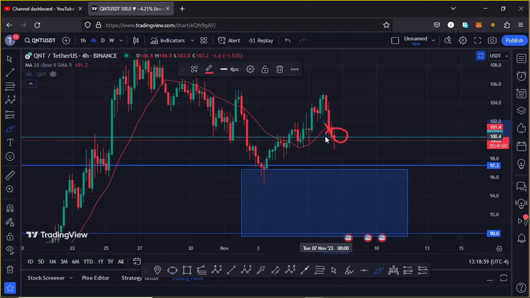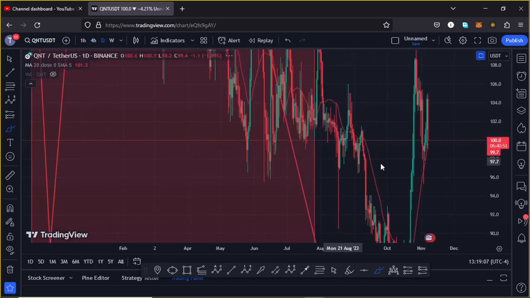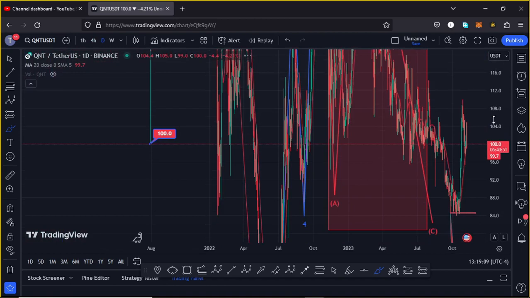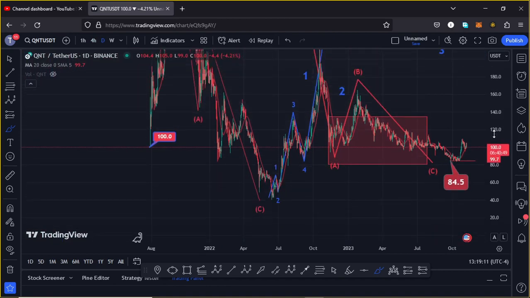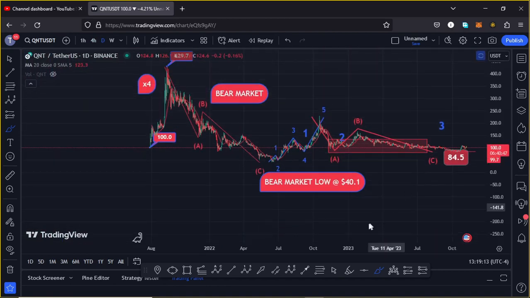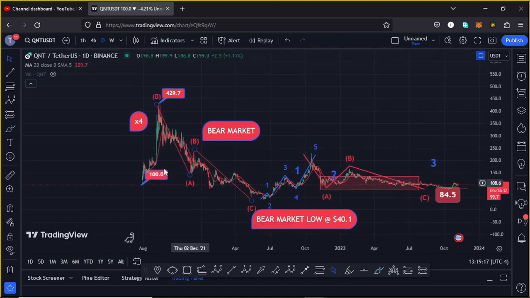Before I give you my pullback target areas, allow me to first jump to the daily chart to give you my long-term Elliott analysis, which I'm expecting to play out once the bull market is here. On the daily chart, QNT back in 2020 gave us these lows at around the $100 mark before we saw that aggressive move taking us to an all-time high above the $429.7 mark.